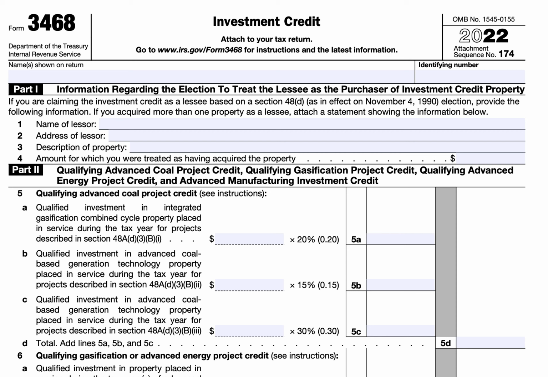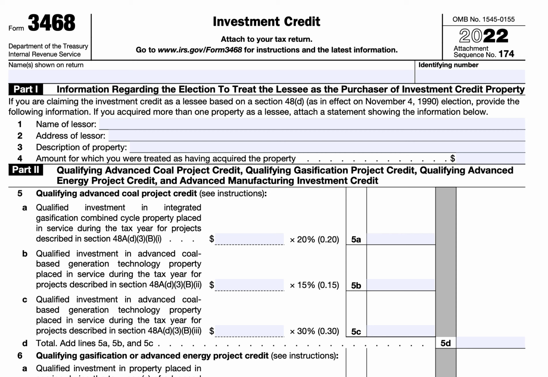This credit is also subject to at-risk credit limits, so be sure to pay attention to those limitations if they might apply.